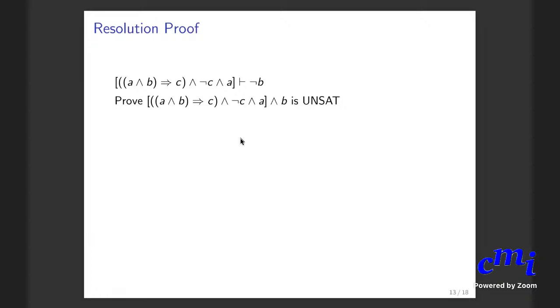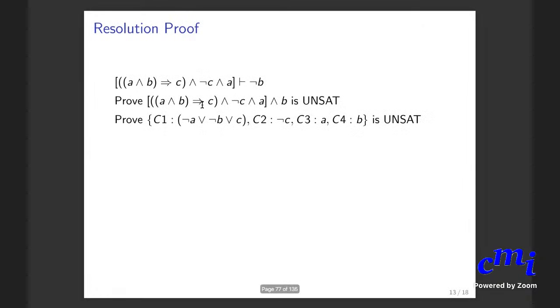So this one, as of now, is not in conjunctive normal form because of this implication, right? The first conjunct here is not a clause, which you have to convert into a clause. You can do that by converting the implication: for any formulas phi and psi, phi implies psi is not phi or psi, which is what I've done.